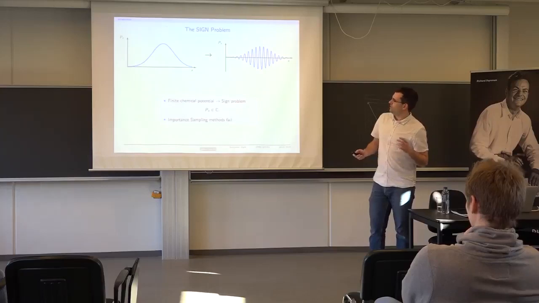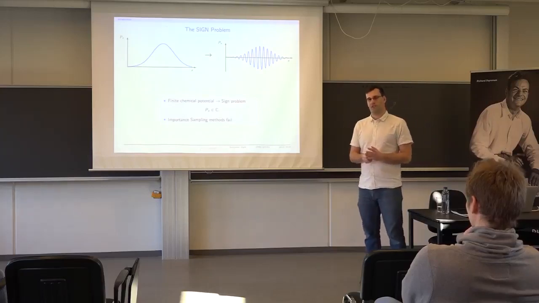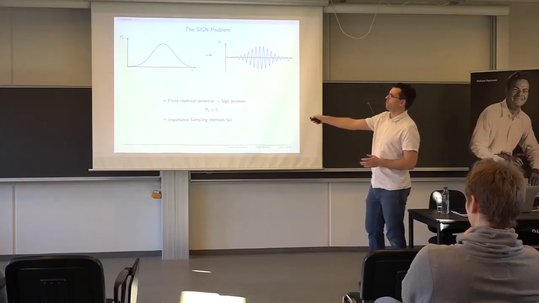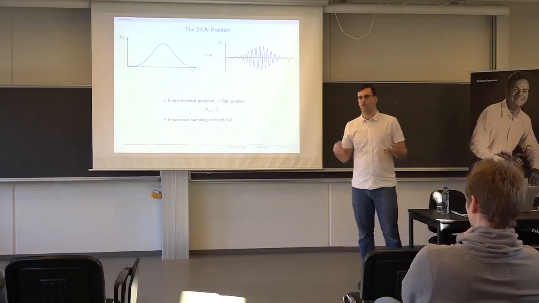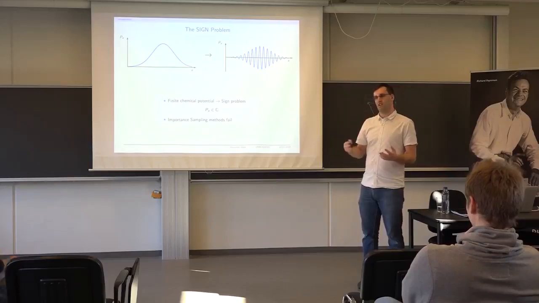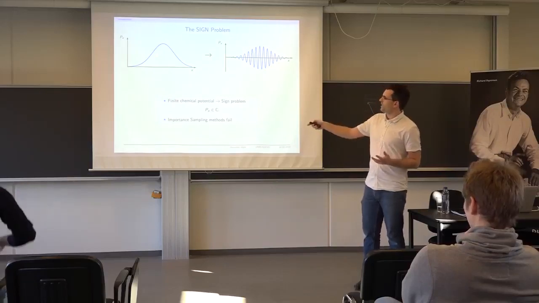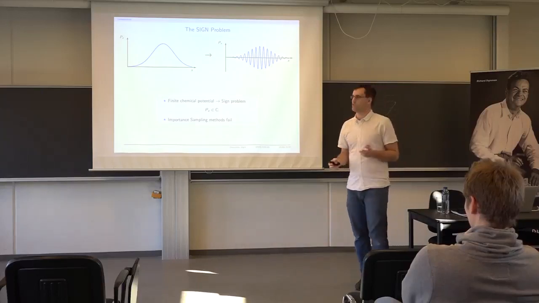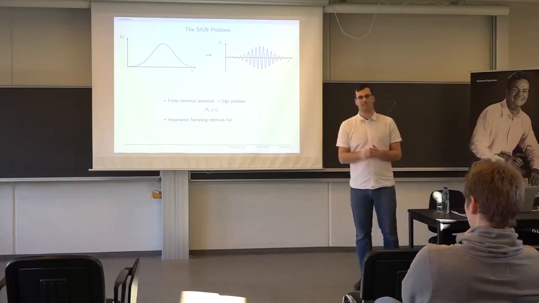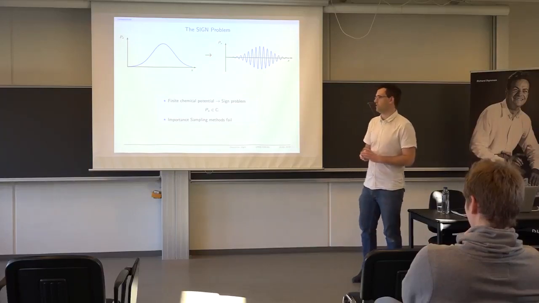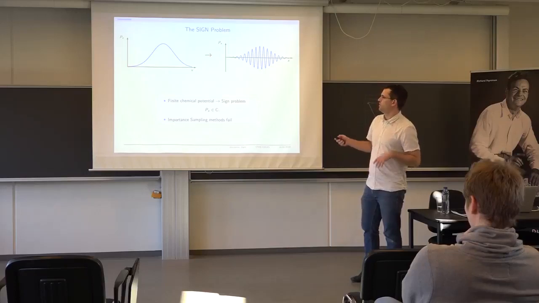The problem we're facing at the moment is what's known as the sign problem. As you have probably seen, for the Monte Carlo integration we used a nicely behaved probability where we can focus on the region where the probability is highest, and take our random numbers from there. But unfortunately, if you study finite density, as we need to for the phase diagram of the strong interaction, we obtain a sign problem.